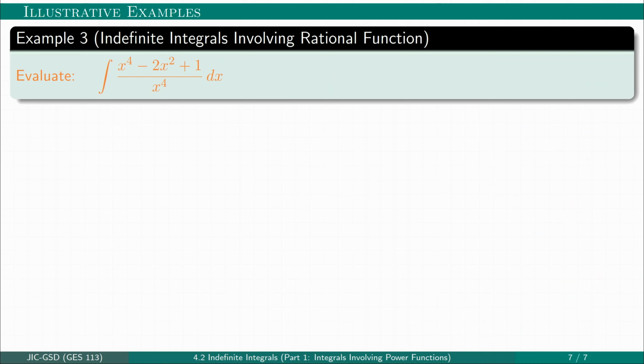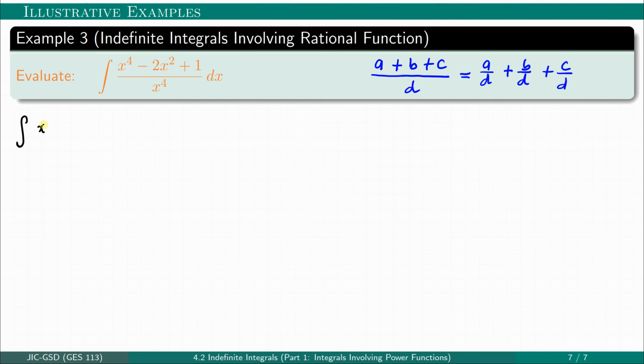For our last example, we have the integral of x to the fourth minus 2x squared plus 1 divided by x raised to 4. Let us recall that if you have a plus b plus c, everything divided by d, we can split this into 3 fractions: a divided by d plus b divided by d plus c divided by d.